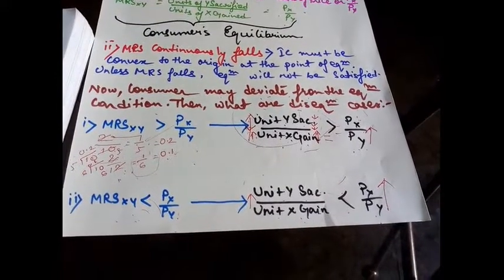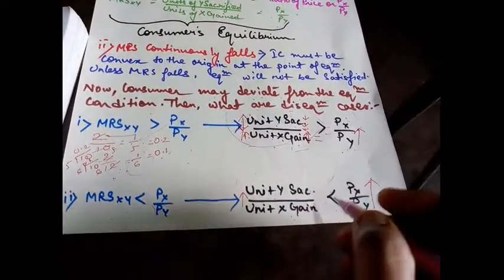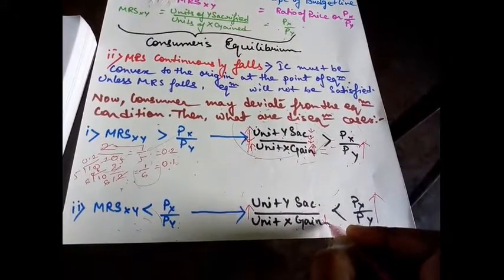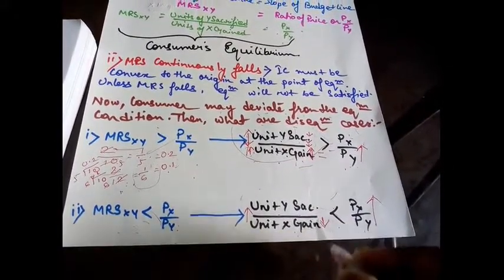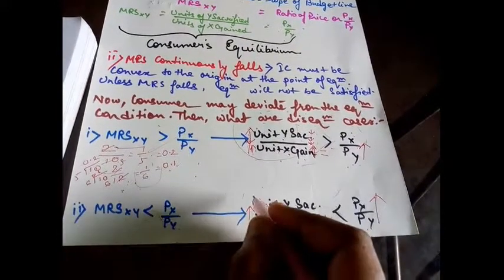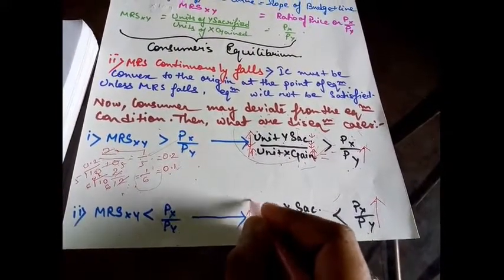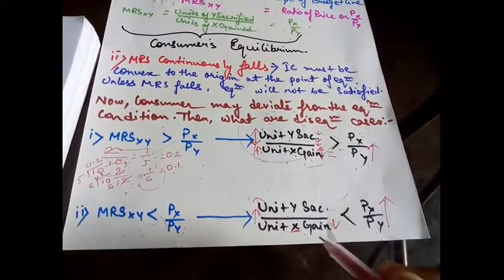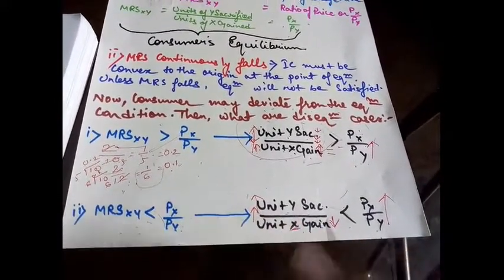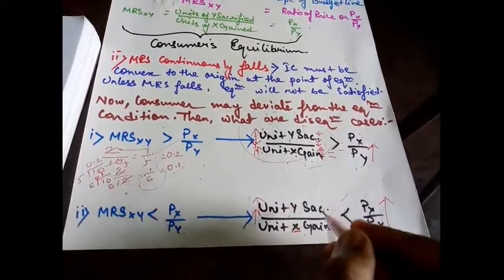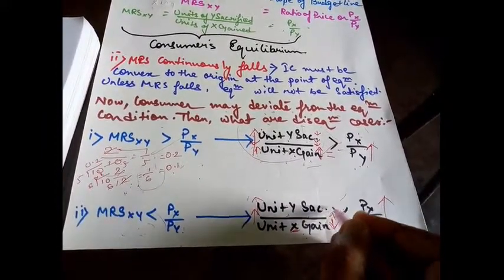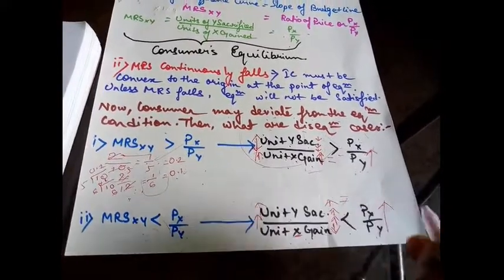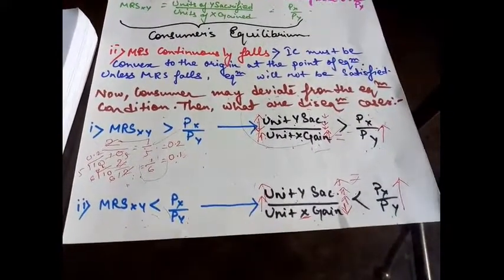If I consume less of X, then I am able to consume more of Y. As I am reducing X consumption, I will be increasing Y consumption. And in that case, slowly it will increase and left hand side will be equal to right hand side.